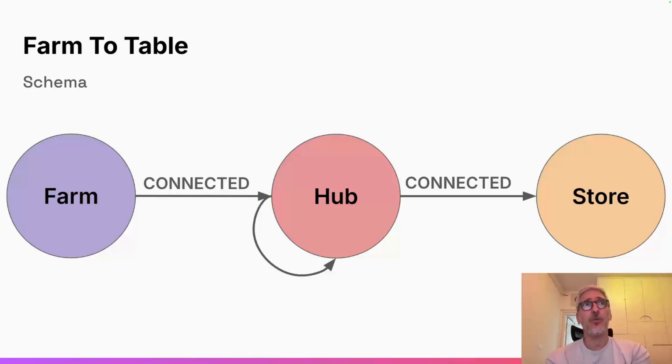So we start out with this idea of an application which helps us move produce like fruits and vegetables from a farm all the way to the customer, getting them at some local store. And so the graph which we will use in order to demonstrate this is composed of just 3 different types of nodes.